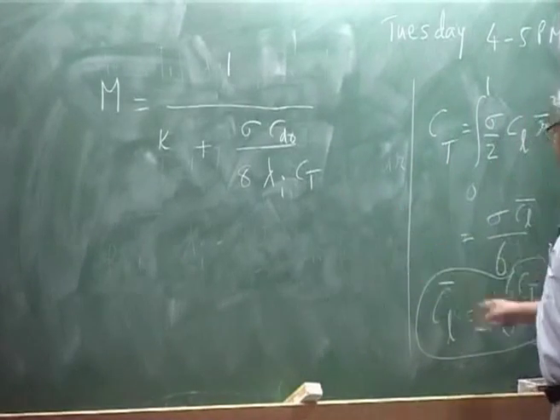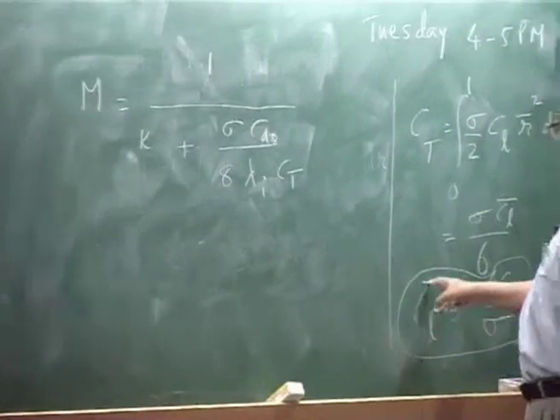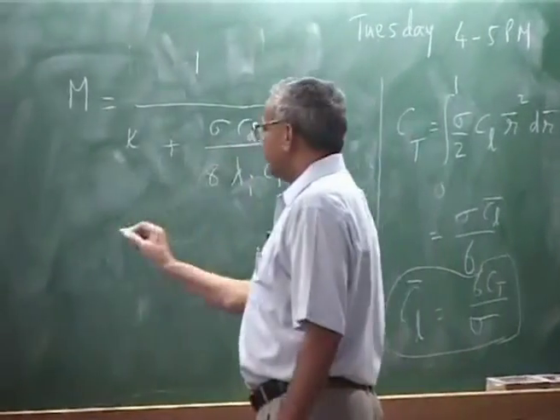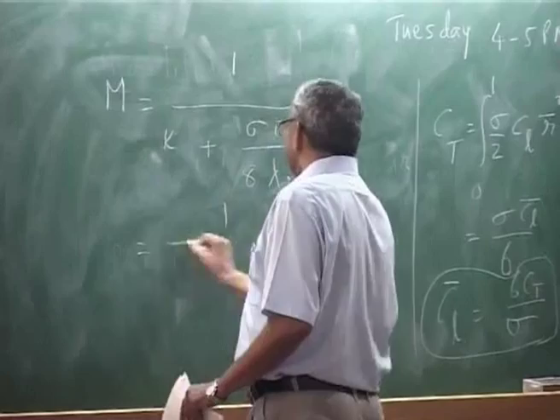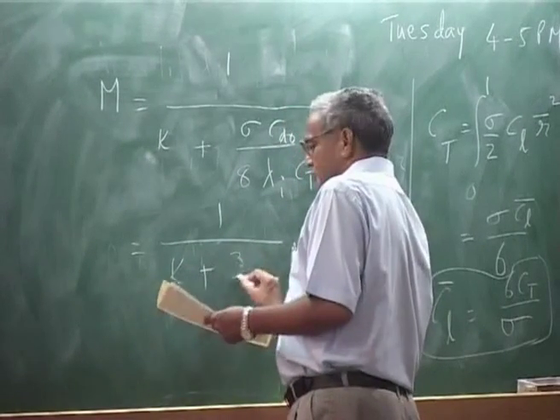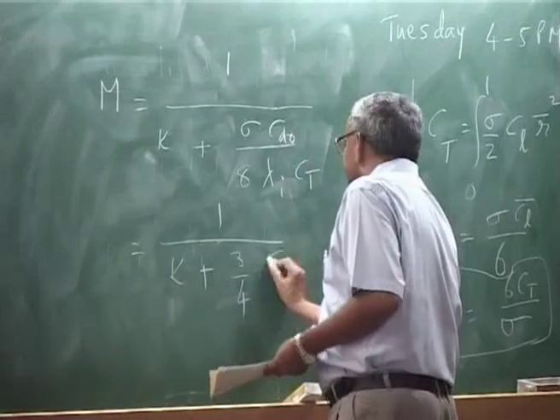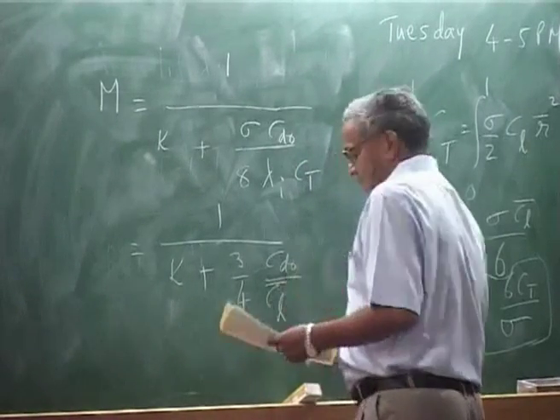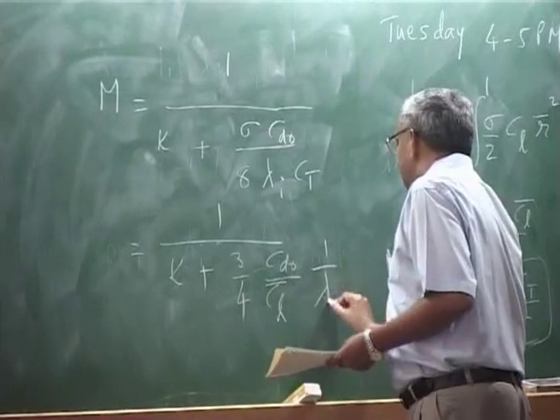Ct you get from here, this is sigma CL bar by 6. You put it here, you will get your figure of merit as 1 over K plus 3 over 4 CD naught over CL bar and 1 over lambda i.